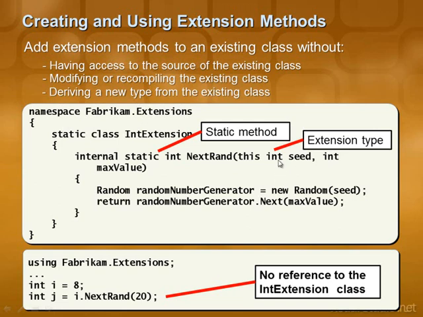In this case, I want to extend integer. So the first parameter must be this followed by the sealed class that you want to extend. In this example, it is integer that is getting extended. After this, whatever comes, it is not an issue. The first one must start with this followed by int.